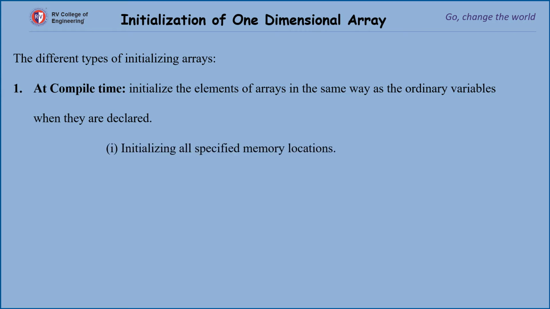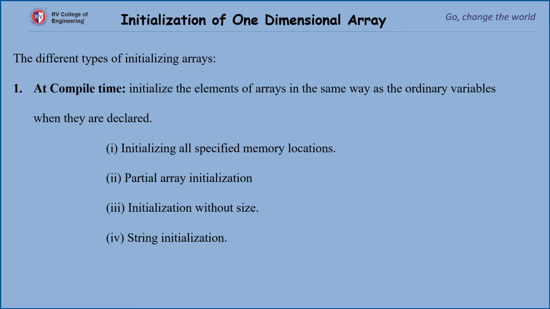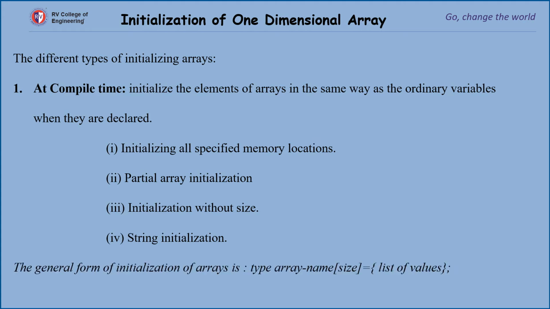There are many ways of doing it: initializing all the specified locations, partial array initialization, initialization without specifying the size, or you can even have string initialization. We'll have a look at it one by one.